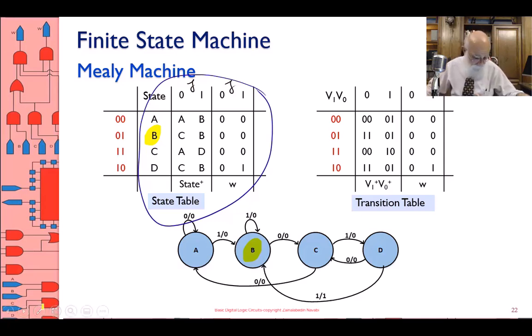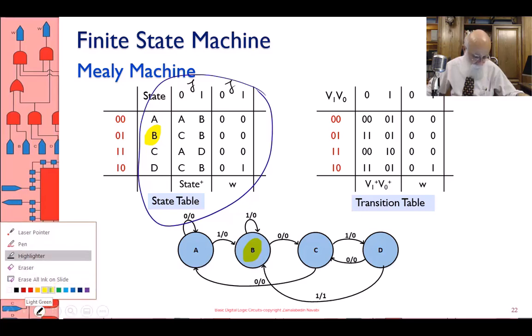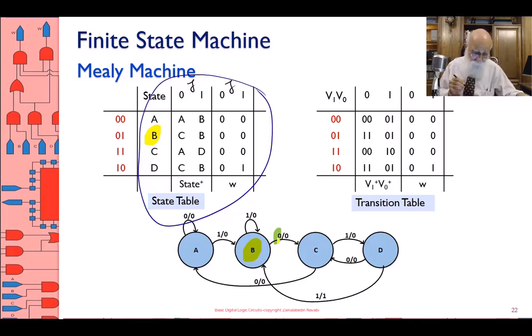While I'm in state B, a 0 on J takes me to state C. While I'm in state B, a 1 on J takes me back to state B, and I should have marked the state C. And then, while I'm in state B, a 0 on J gives me a 0 output.